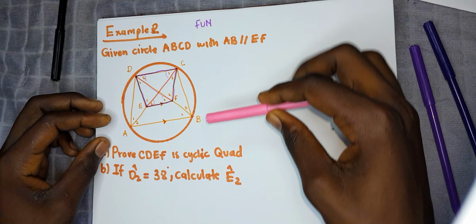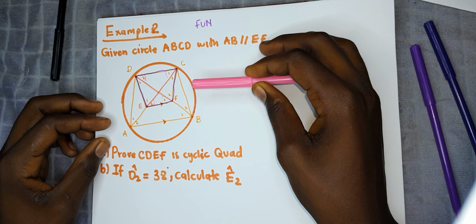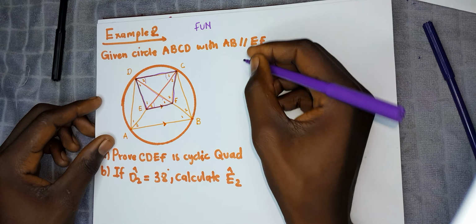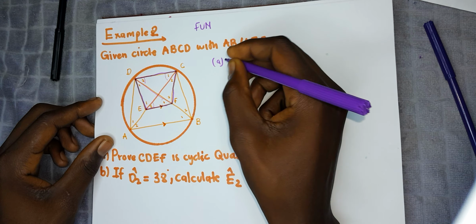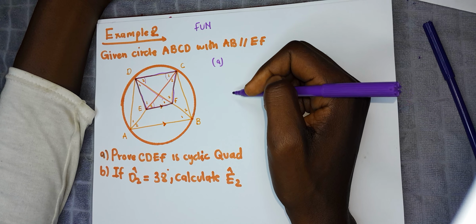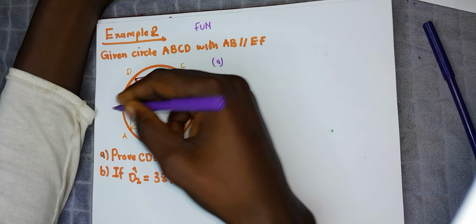If we take a look here, we are given that this line is parallel to this particular line. And we know from our proof, let me say A here, that angles separated by the same chord or arc at the circumference of the circle are equal. What can we conclude about this?